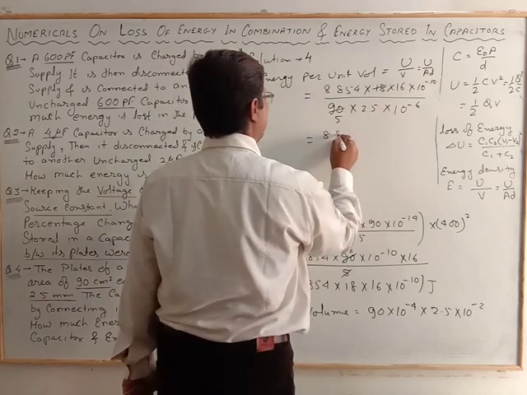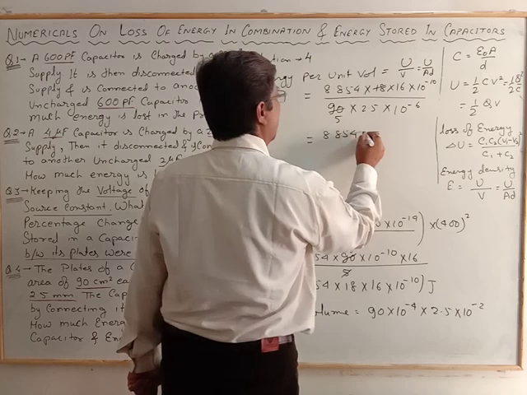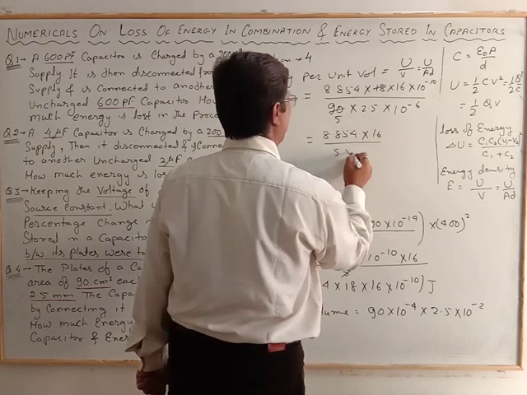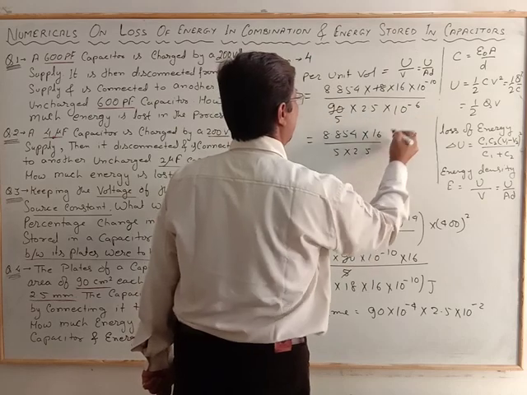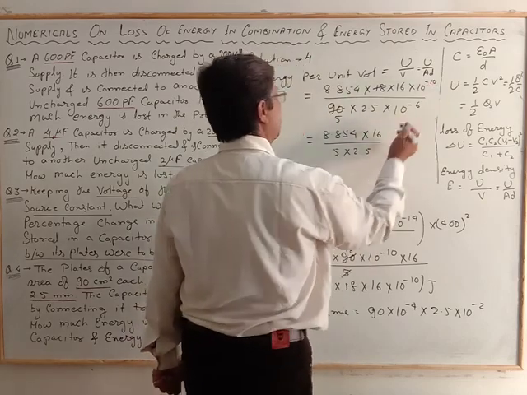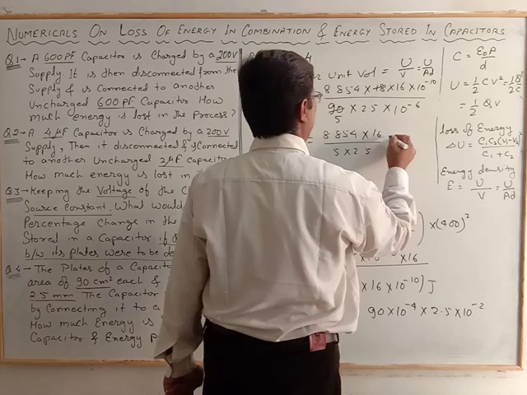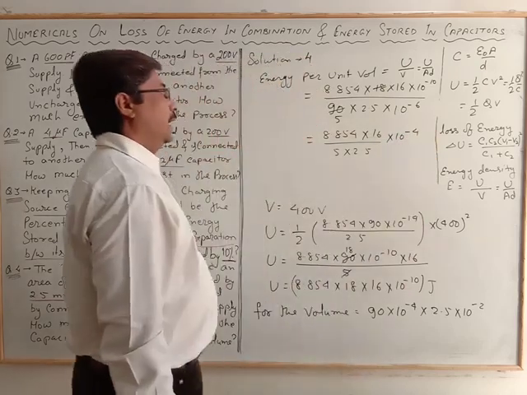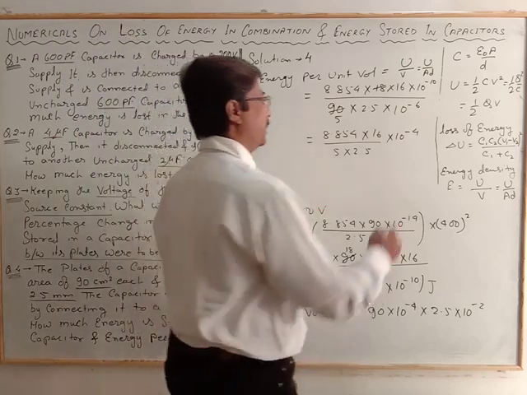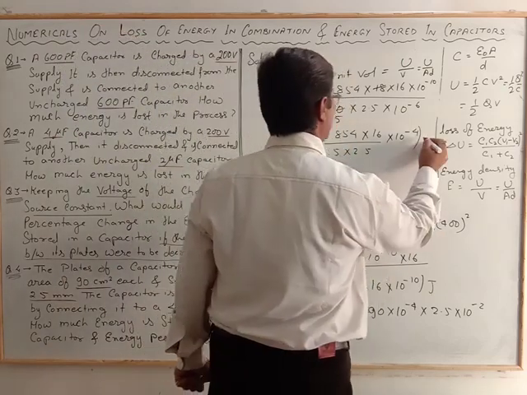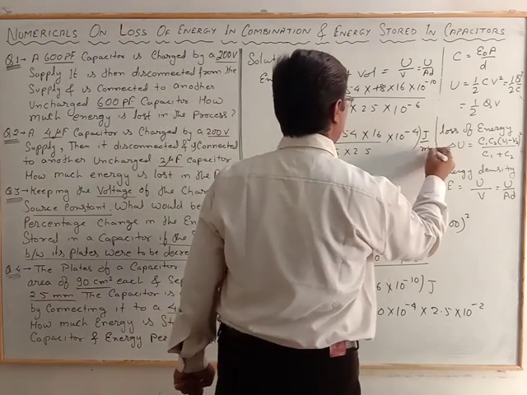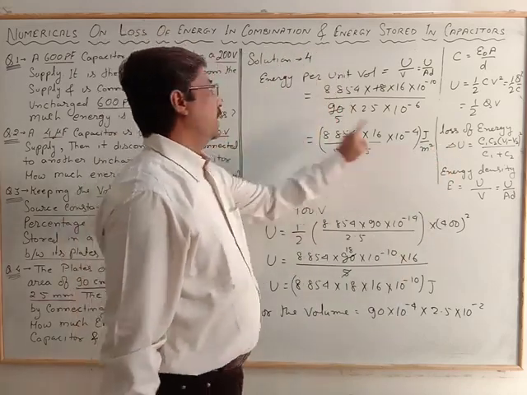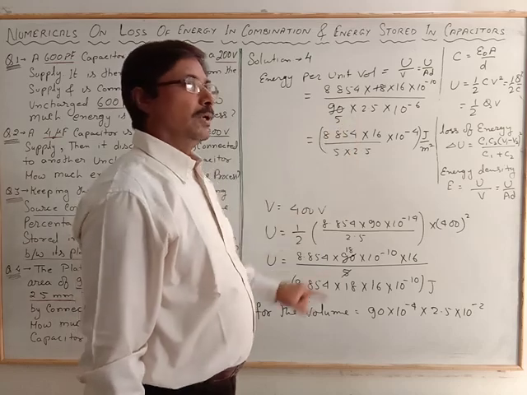So 8.854 into 16 divided by 5 into 2.5, and it is 10 to the power minus 4, and that is joule per meter cube. Now solve this one, we will have the energy per unit volume.